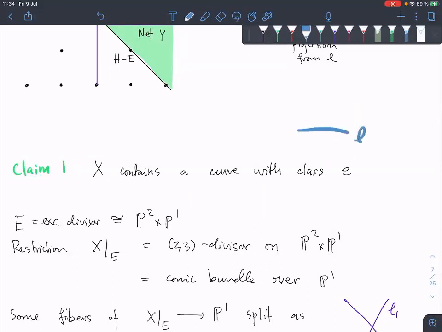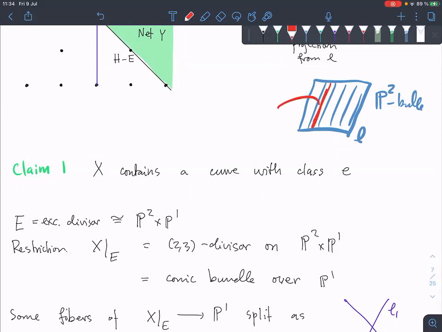You start with L, and you blow up L, which means that you replace L with some P2 bundle over L, and E is just one of these fibers here. So we have to show that X contains one of these fibers.